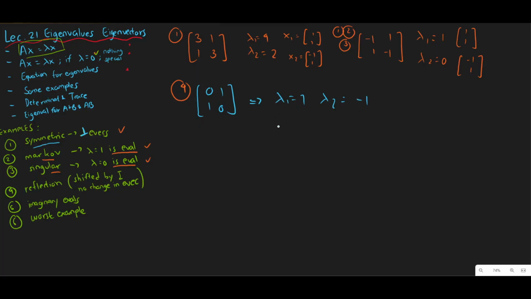Please compute it yourself to confirm. The eigenvectors are also (1, 1) and (1, -1). And I wrote some information here: shifted by identity, no change in eigenvector. That's also the reason why I wrote the first two examples here: the first one, the symmetric matrix, and the second one, which fulfills the symmetric, Markov, and singular case.